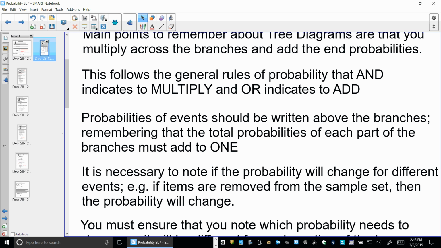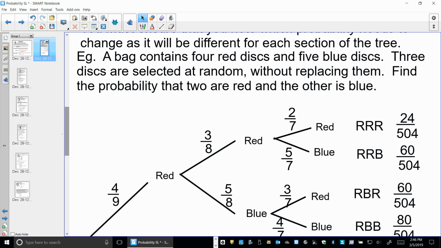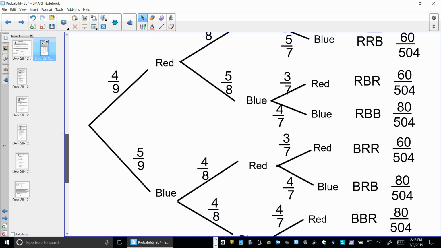There are lots of words here, and all of these words are very important, because I wrote them. I can't be bothered to read them just now, so I'm just going to explain what that means. These are the key points. Let's ignore the probabilities for now. The key point about tree diagrams is that each portion of the tree talks about an event that's happening.